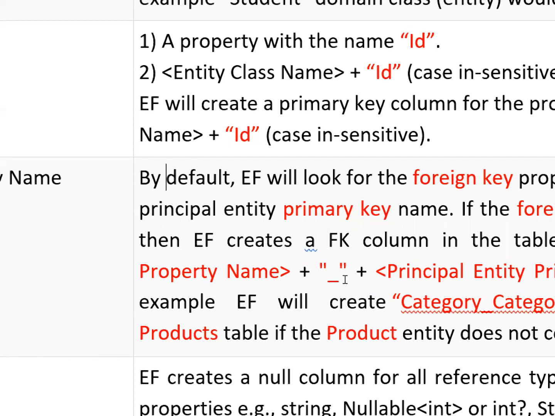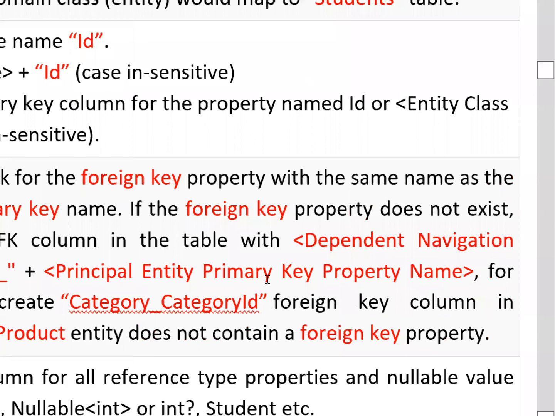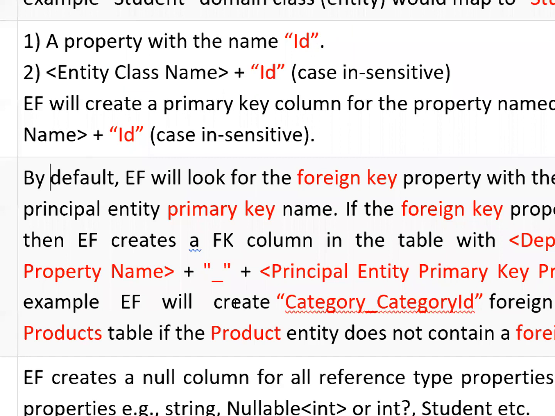By default, Entity Framework looks for a foreign key property with the same name as the principal entity primary key name. If the foreign key property does not exist, what will it do, you know? Then Entity Framework creates a foreign key column in the table with the navigation property name.